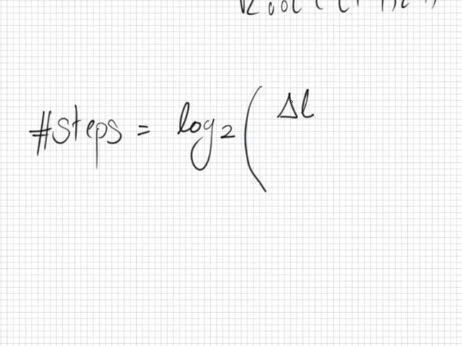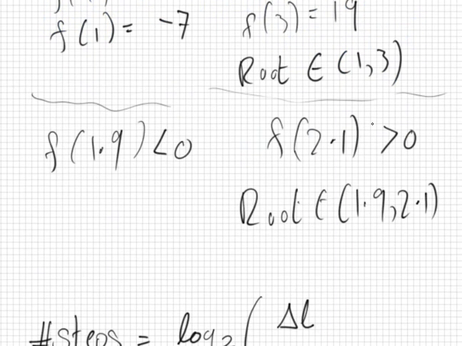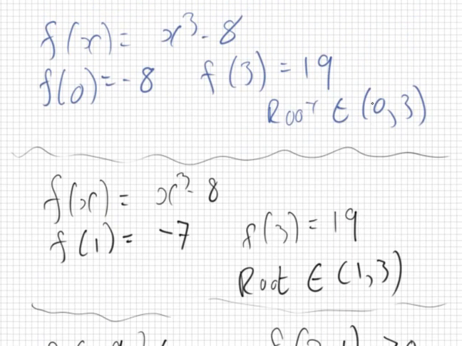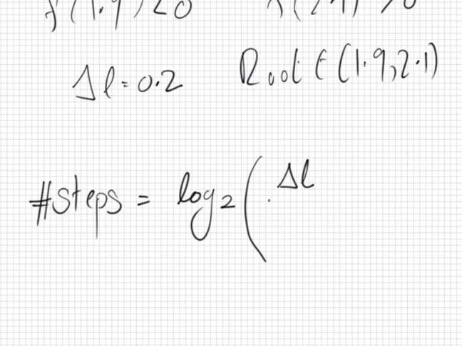So for example, in my first one, it would be 3 minus 1, so it'd be 2. The first one here, 3 minus 0 would be 3. This is 3 units long. This one here is 2 units long. And then this one here is 0.2 units long. So it's log base 2 of delta L divided by 10 to the power of how many decimal places you want your answer to be accurate to.